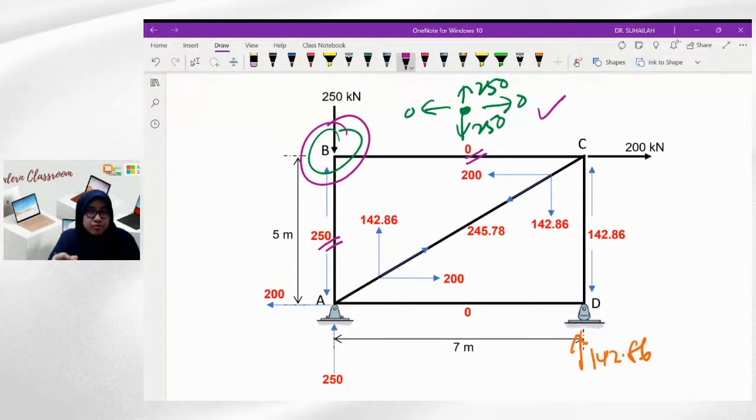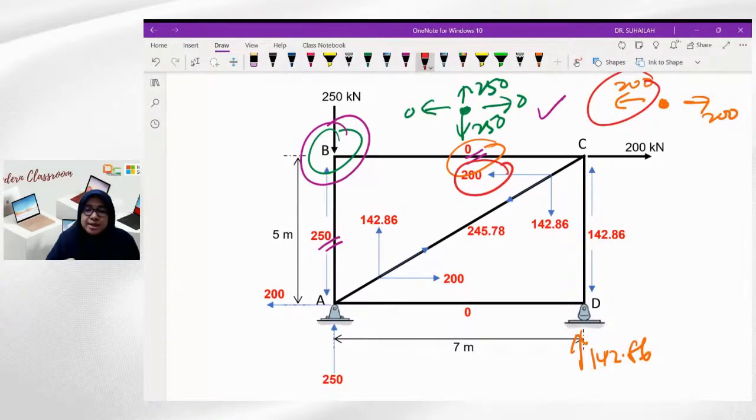After this, we move to C. If this is zero, and at C we have 200, it must be balanced with negative 200. So where is the negative 200?